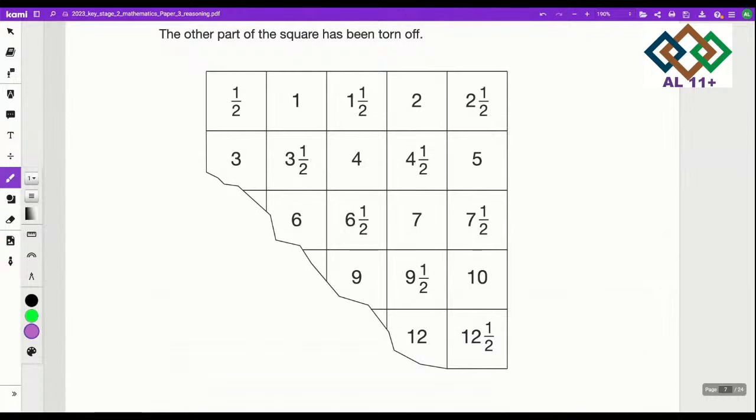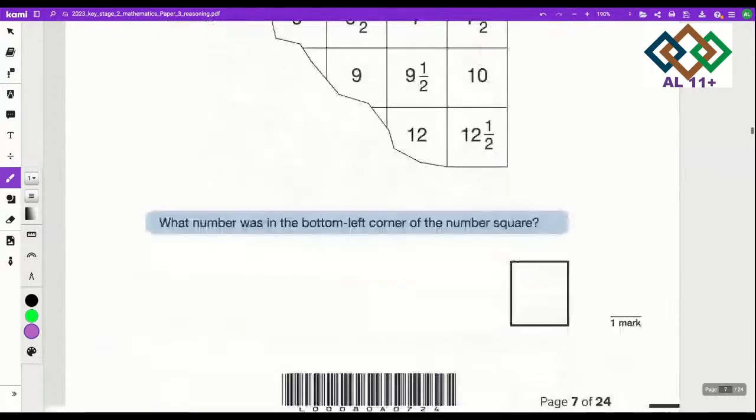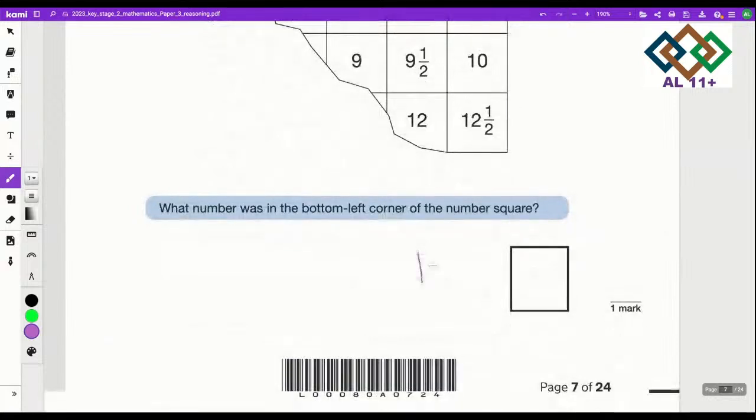You have 162, 192, 112 also you have. So for the other part, you have to just make sure what would be missing. And let's move on to the next one.